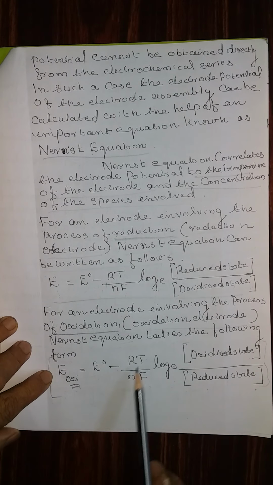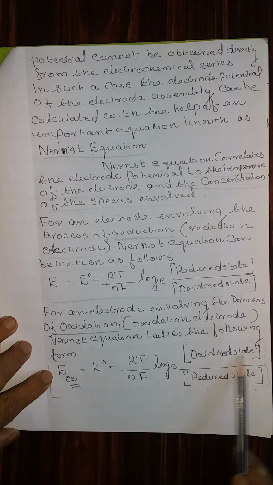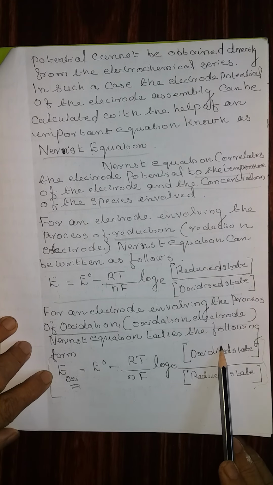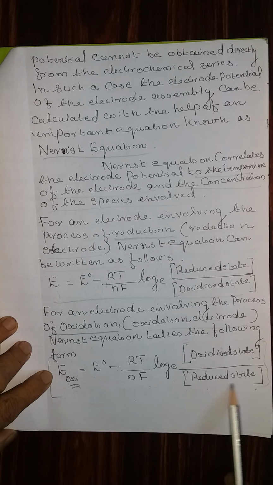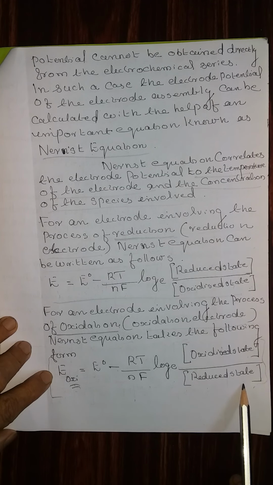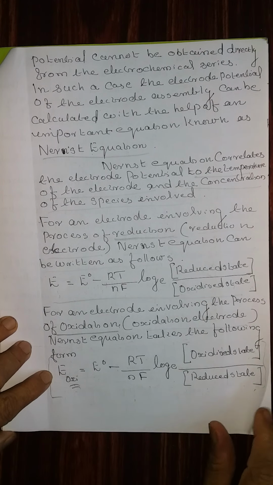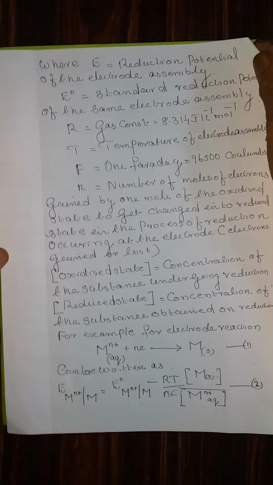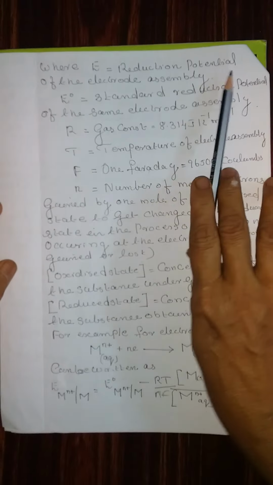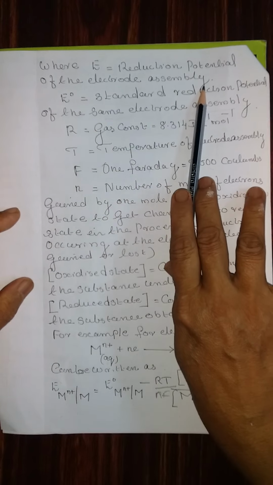That is E0 minus RT by NF log to the base e of the concentration of the oxidized state as a numerator and the concentration of the reduced state as a denominator. You prefer to use the first equation because in the electrochemical series the values are all reduction potentials, where E is the reduction potential of the electrode assembly.